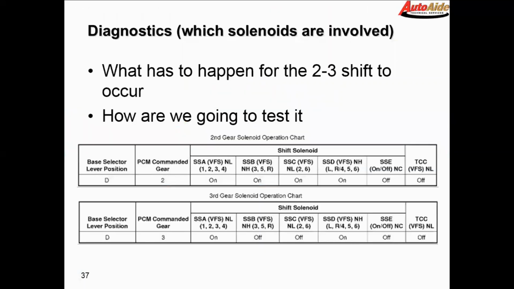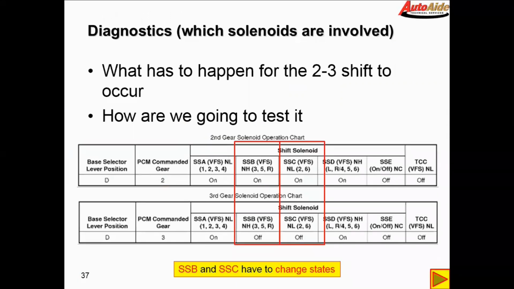So what we then went in and looked at was what had to happen with the shift solenoids for the 2-3 shift to occur. And if you take a look, SSB and SSC have to change states. If you take a look at the two gear positions here, in second gear, SSA is on.